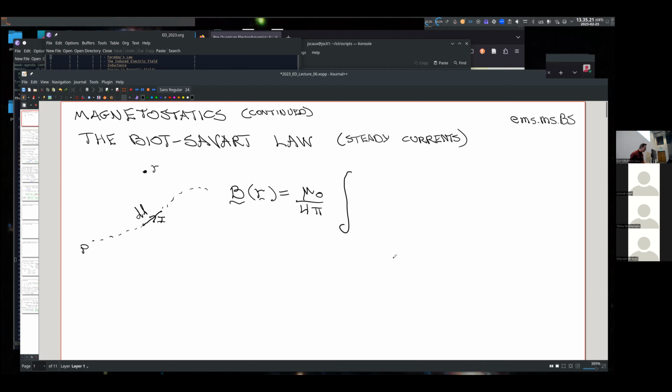So this would be path P. And at each position that I have for my source here, call it dl prime, I have a certain current going through, which is a vector. So this one carries the direction in space. And the relationship with the distance that we have looks like this. So it's very similar to what we had before.